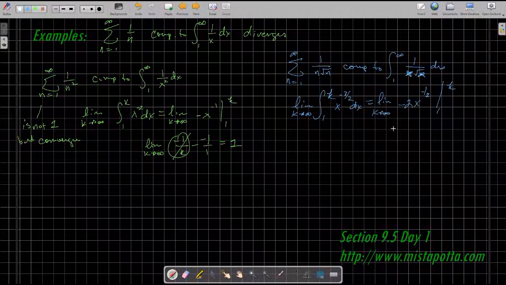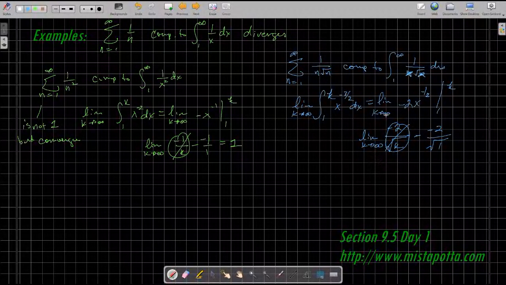So I'm going to have negative 2 over radical k minus negative 2 over radical 1. But as k approaches infinity, this radical function is asymptotic towards the x-axis, and so it becomes 0.